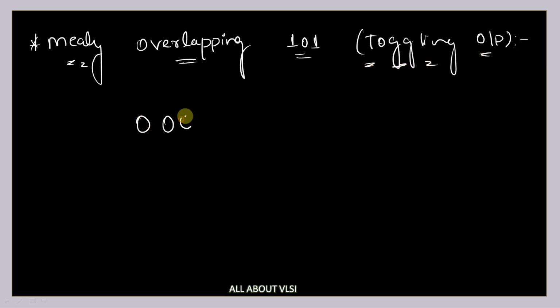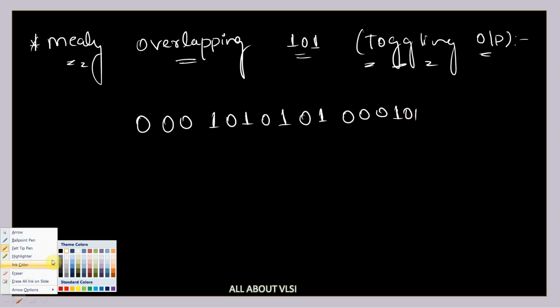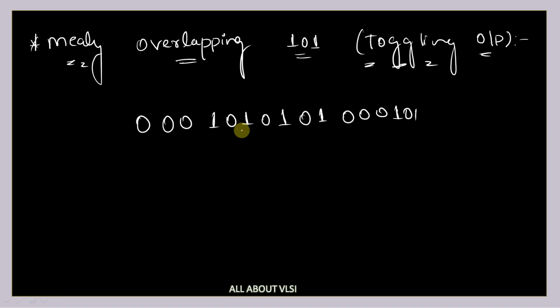Again, I will explain. 0, 0, 0, 1, 0, 1, 0, 1, 0, 1, 0, 0, 0, 1, 0, 1. This is my sequence. Coming to my output pattern, it should look like this. Here the sequence has been detected, and my output will become 1.